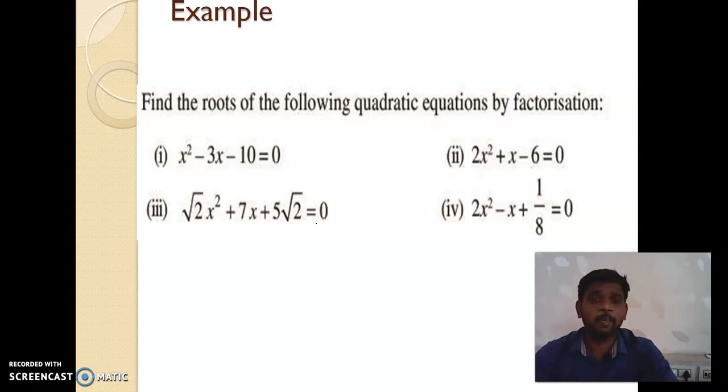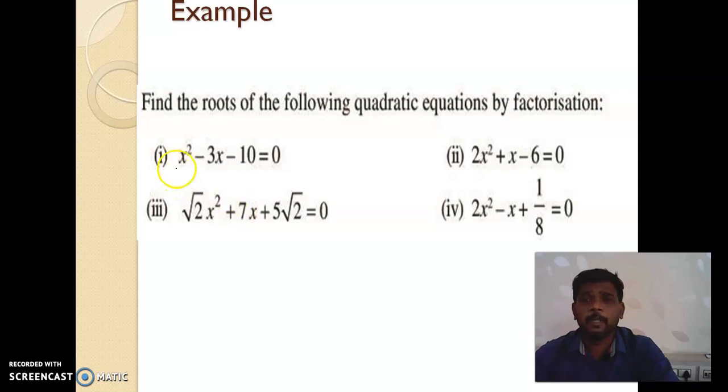I think every one of you knows about the I method. The I method is only a way of solving a quadratic equation using splitting the middle term, so both are almost the same, right?